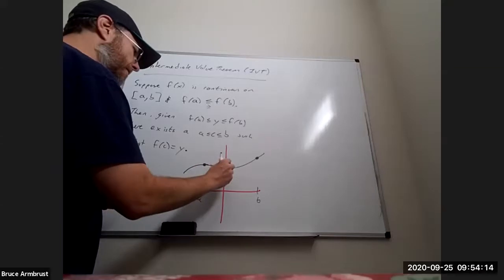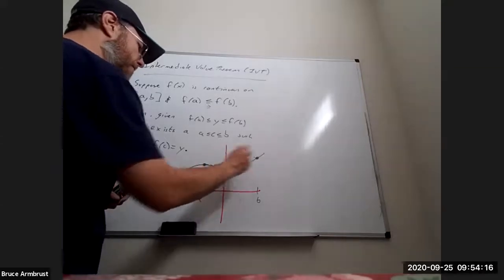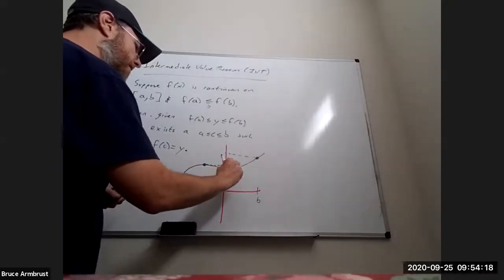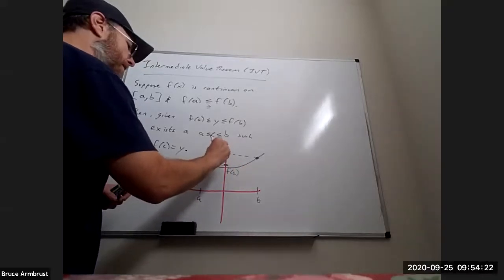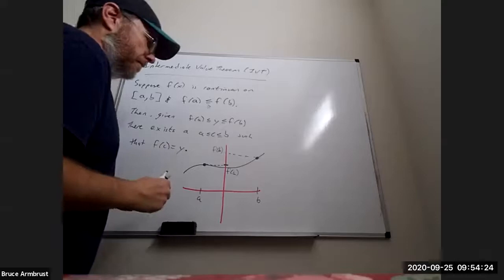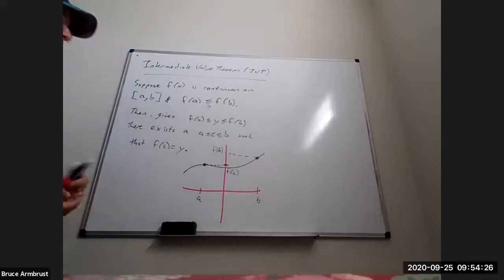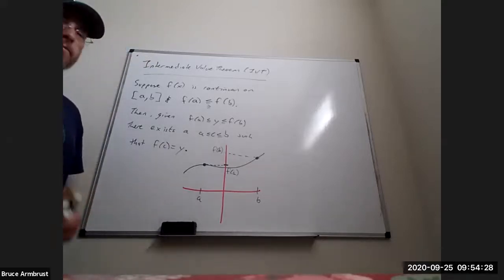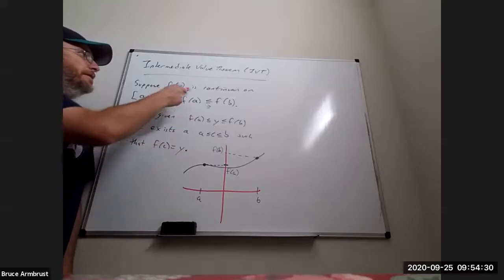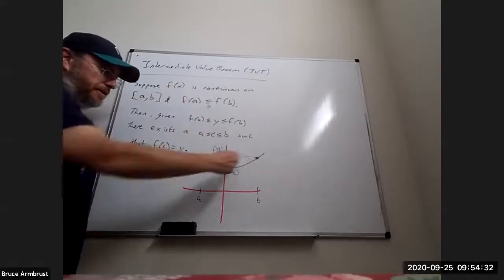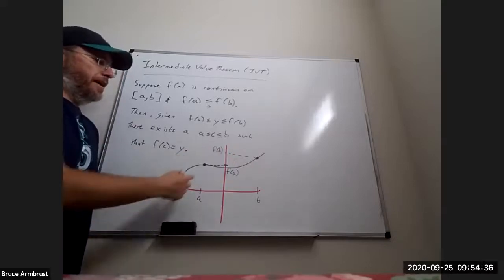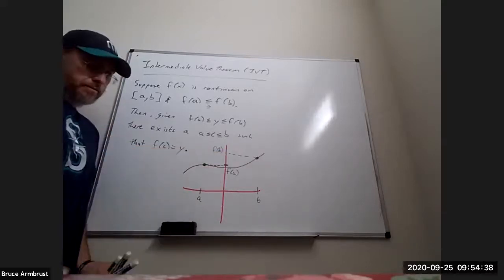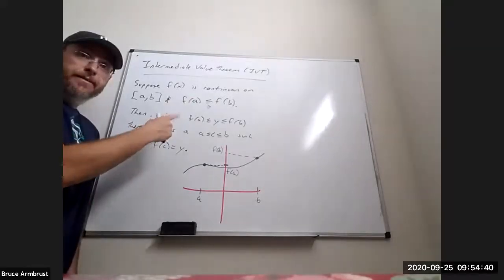If we run over onto the y-axis for both of them, this lower one is f of A, and this higher one is f of B. Okay, so here's what we got. It's a continuous function, right? I didn't lift my pencil in between A and B. And f of A is below f of B. So conditions are met.